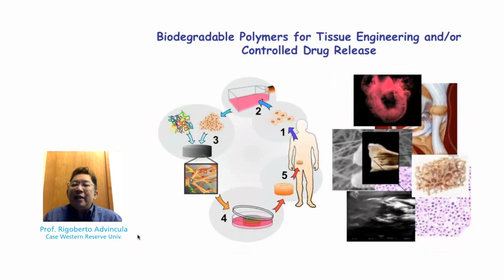Okay, biodegradability. Is it the same as biocompatibility or bioresorbability? And is it used for drug release or tissue engineering or both? So biodegradable polymers are very important because once they are used, they are expected to go away. Therefore, in bio implants, they can be used as scaffolds for tissue engineering.